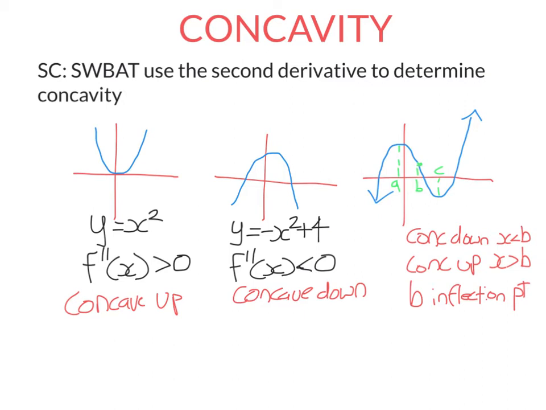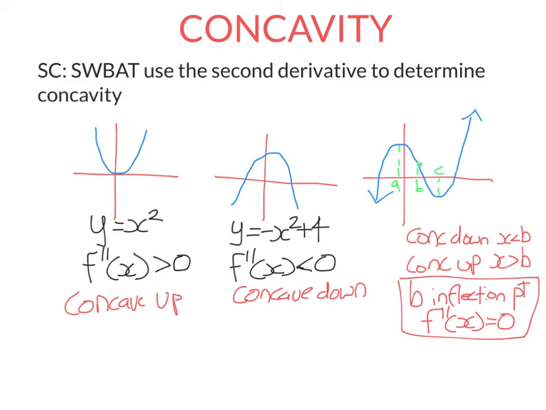Just to make matters a bit confusing, as I said, inflection points can be stationary or non-stationary. So this point here would actually be a non-stationary inflection point, but it's still an inflection point. So remember, inflection points occur when the second derivative is equal to 0. Where the second derivative is equal to 0, that's where changes in concavity occur.